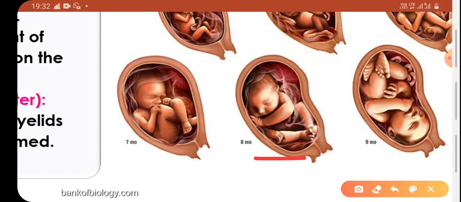Near the end of the ninth month, hair covering the entire body is shed, the organ systems function actively, and the child's length will be around 54 centimeters, and weight will be around 3 kg, approximately.